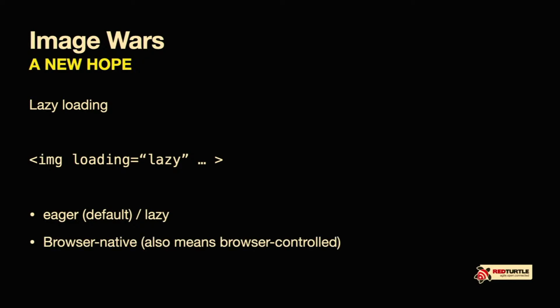And as I said, the implementation is defined by the browser, and I want to stress that it's browser controlled because browsers still have very different behaviors on this. They all behave the same way, but the distance that they use and the heuristics they use to decide when to download an image are their own, and they're different.